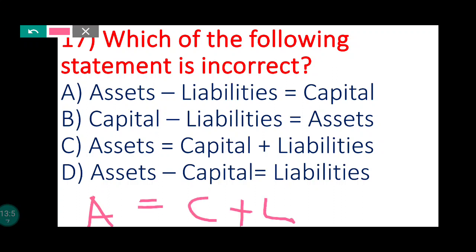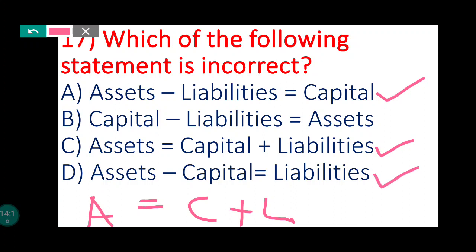So the first option is also correct. Assets minus liability is capital. Assets equal to capital plus liability is also correct. Assets minus capital is equal to liability is also correct.